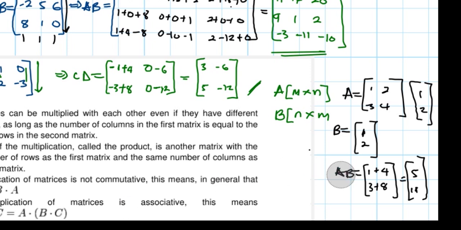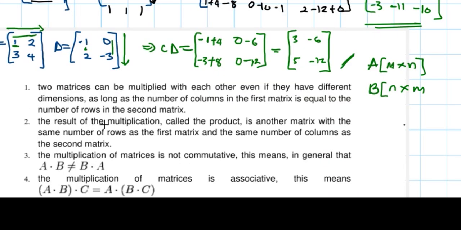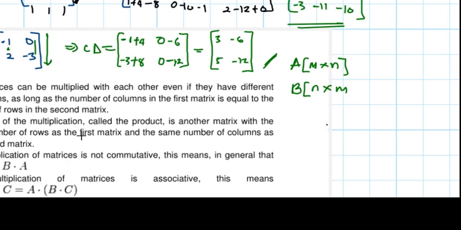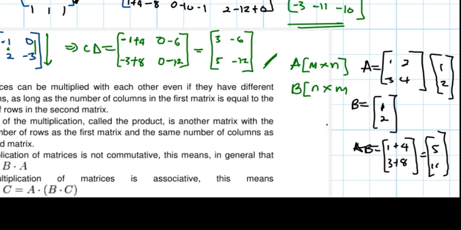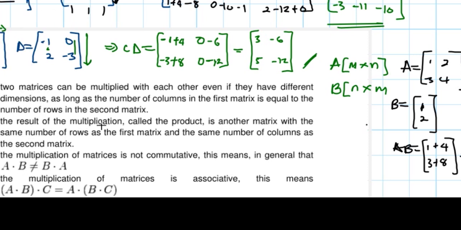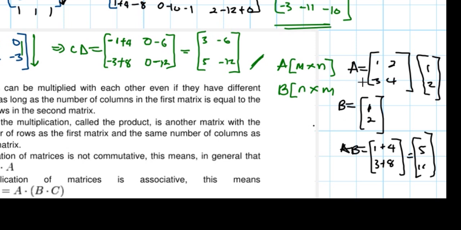So let's look at some other interesting properties of multiplication of matrices. The result of the multiplication, called the product matrix, is another matrix with the same number of rows as the first matrix and the same number of columns as the second matrix. If we look at what we have here, the first matrix has two rows, 1 2.